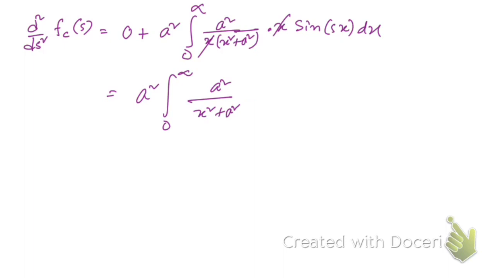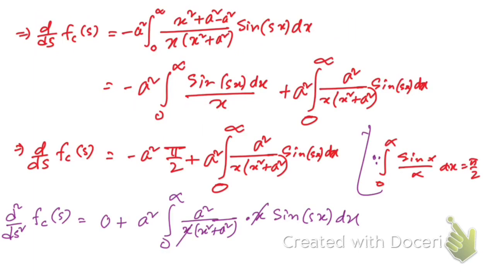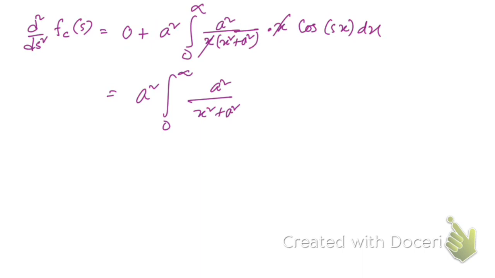On differentiating this, that's supposed to be cos. So if you differentiate this sine sx, that should be cos, right? So cos of sx dx, right?